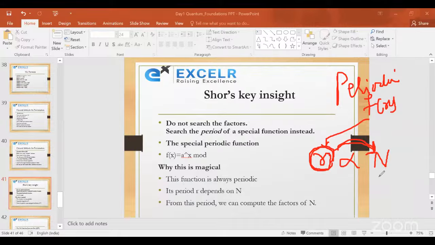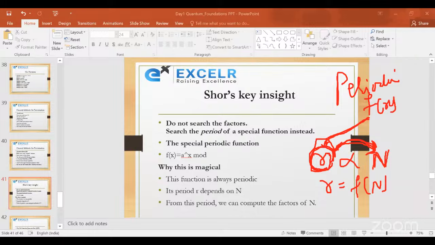So we have to take such a periodic function whose periodicity itself depends on our number n. In another statement, r should be a function of n.